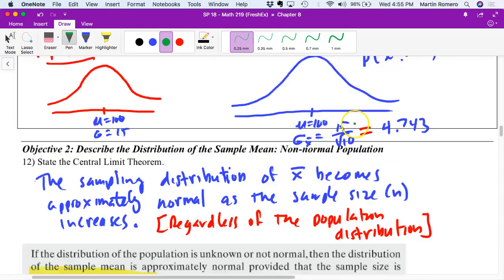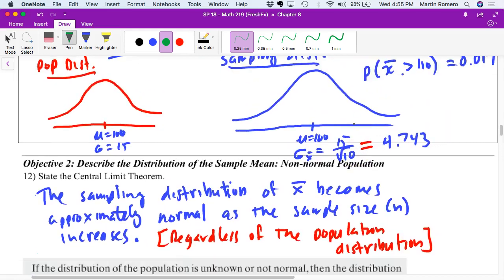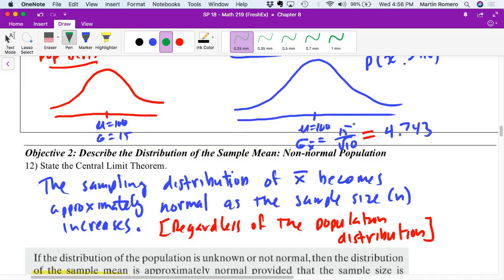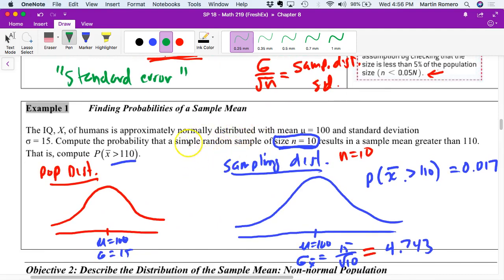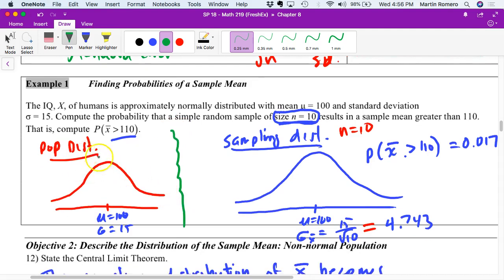Let's go ahead and do a problem. The IQ X of humans is approximately normally distributed with a mean of 100 and standard deviation of 15. This first case is what we call the population distribution, a mean of 100, standard deviation of 15.